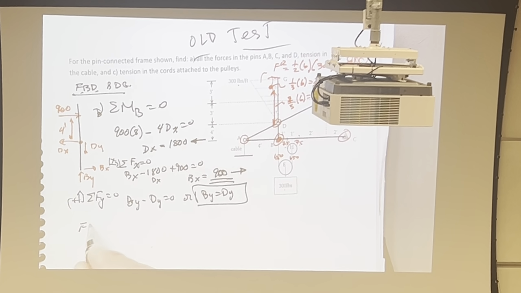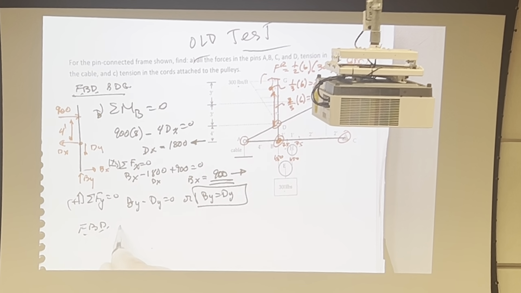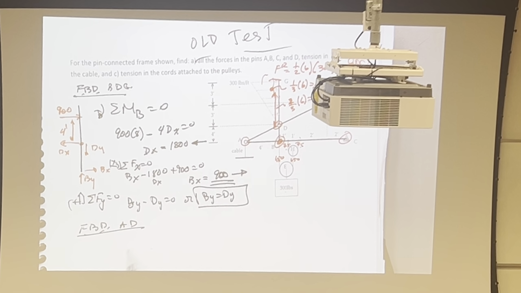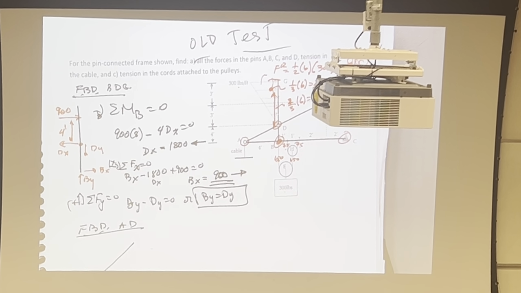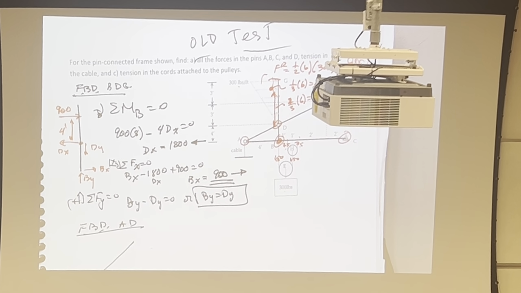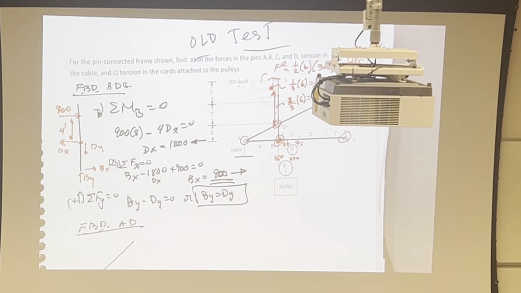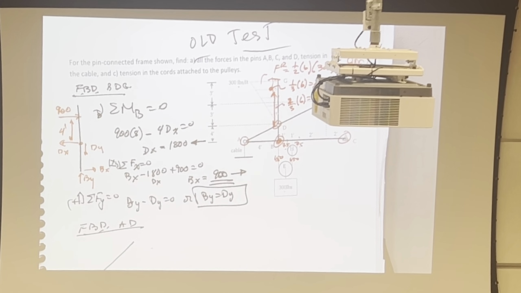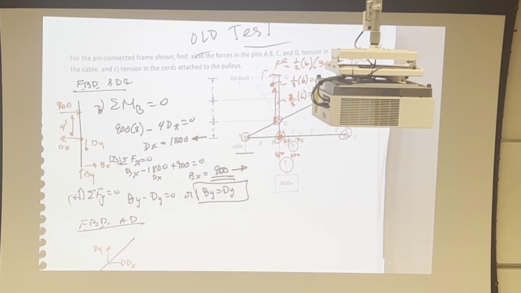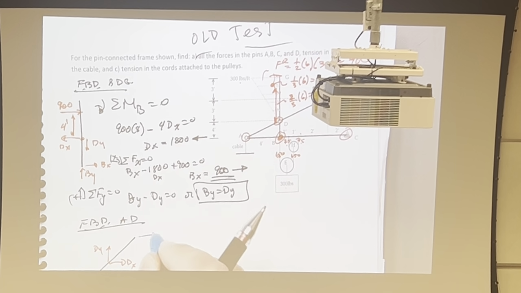Next, I'm going to draw a free body diagram of AD. That is AX, AY, DY, DX, and I have 600 going that way.